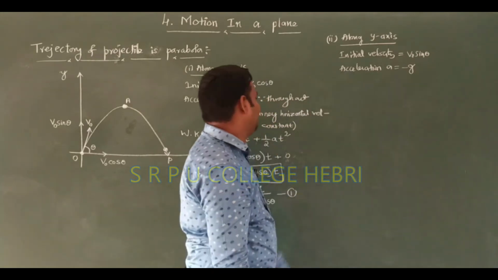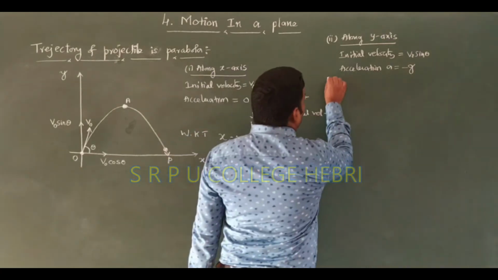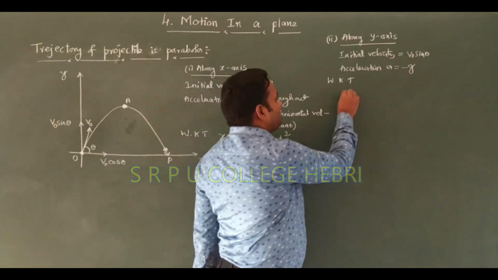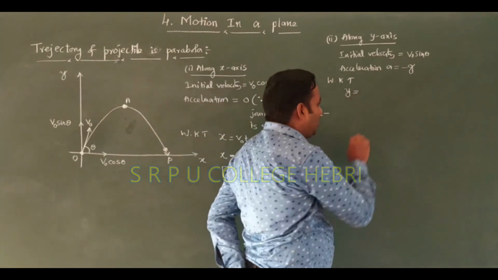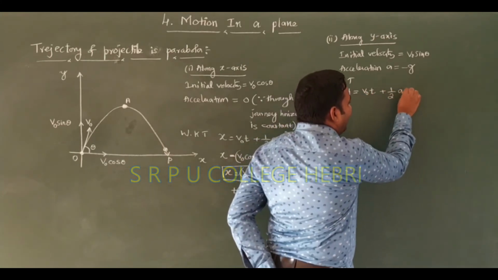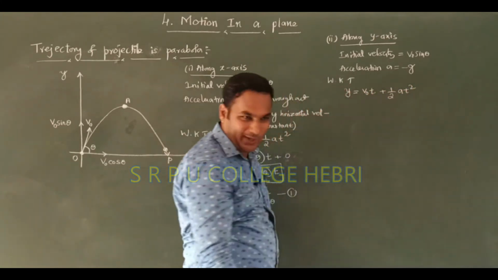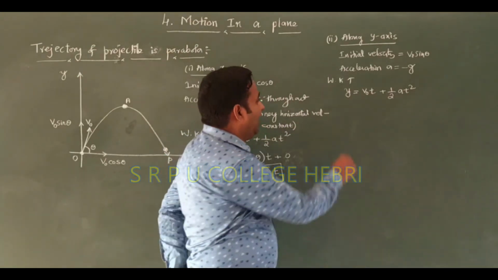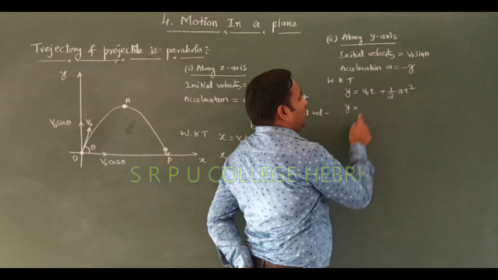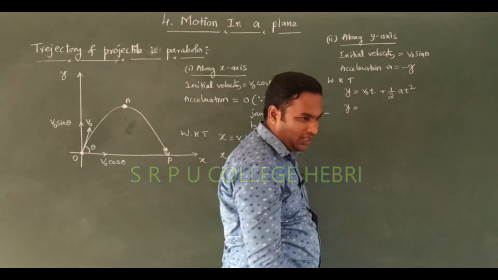Again, by using this logic, we know that along the y-axis, displacement y is equal to v naught into t plus half a into t square. This is a formula you learned. Along the y-axis, displacement is y. v naught represents the initial velocity.